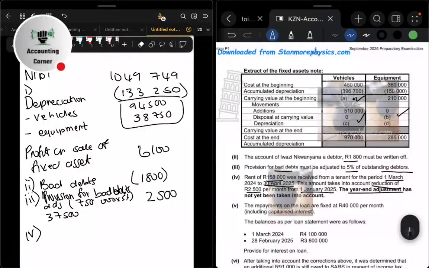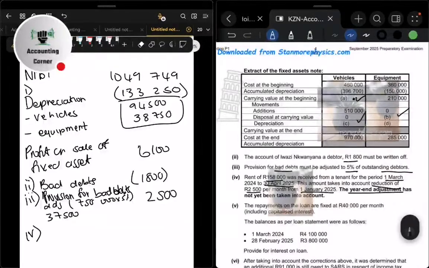Then they say the year-end adjustment has not yet been taken into account, meaning we have that income received in advance. So when we are removing the income received in advance, we need to take into account that the rent was not the same throughout the year. During the year, we had a reduction of 2,500 from the 1st of January 2025.